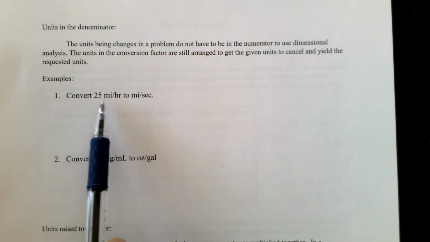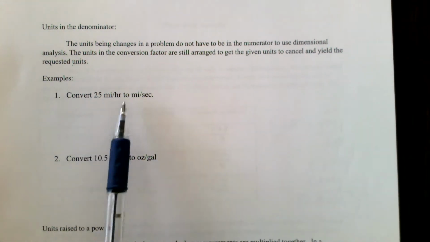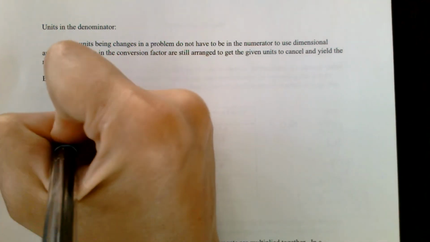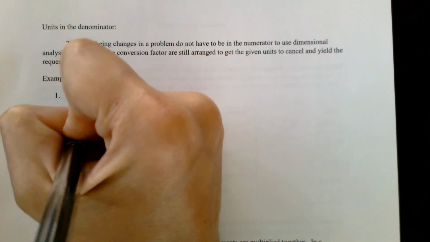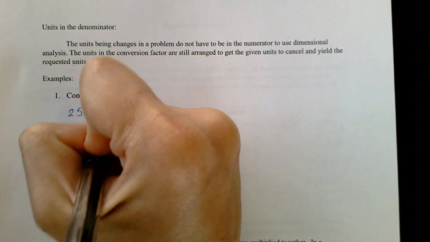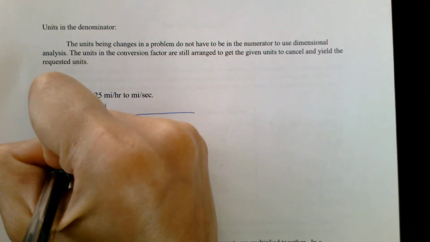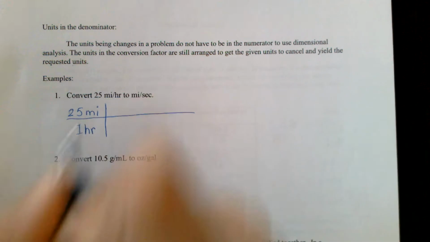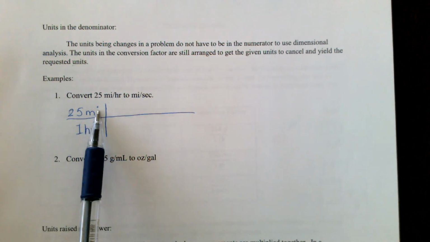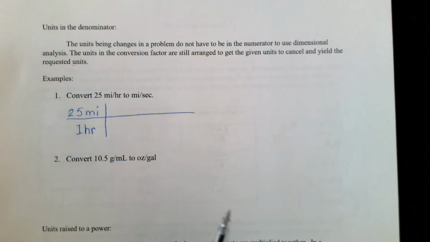So we're converting 25 miles per hour to units of miles per second. So when we set this up, we want our 25. So our miles are in the numerator, and we have 1 hour in the denominator.